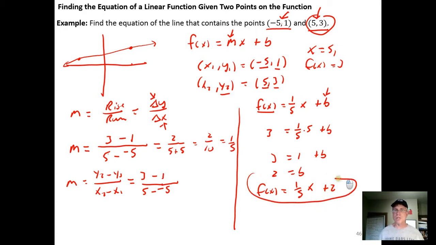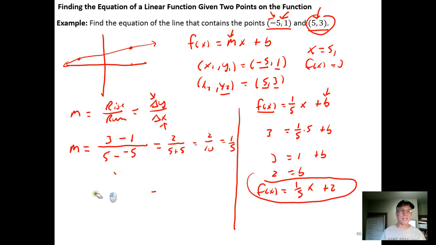So there's my equation. Had I used the other point to try to calculate b, I would have gotten the same result. We calculated the slope, so we could have said, hey, when the output f of x is 1, 1 equals 1/5 times x.